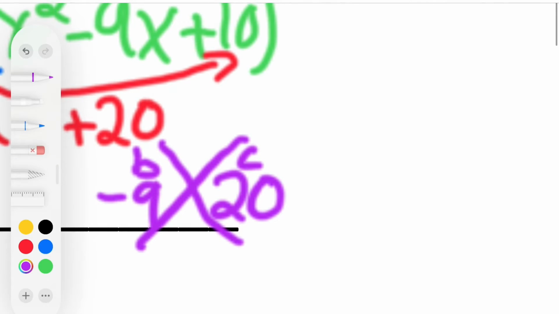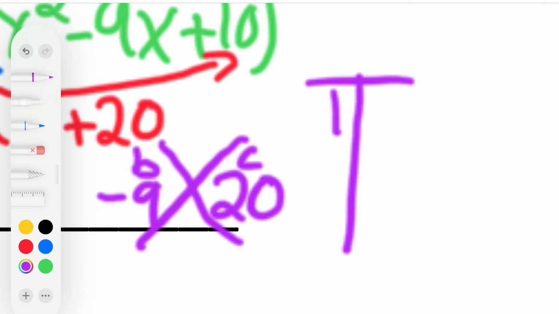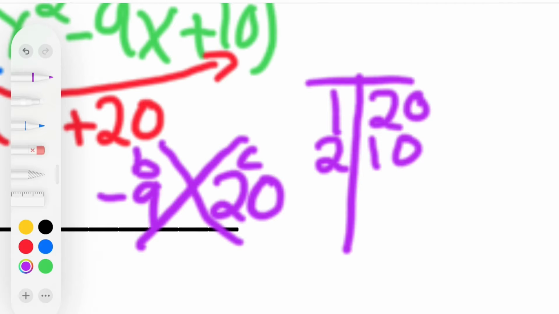And I'm looking for two numbers that multiply to give me 20, but also add or subtract to give me 9. So I'm going to start a table. You can create a table if you need to. If you don't need to, that's fine. But you start with 1. So 1 times what gives you 20? Well, 20. Then you go to 2. 2 times 10 gives you 20.